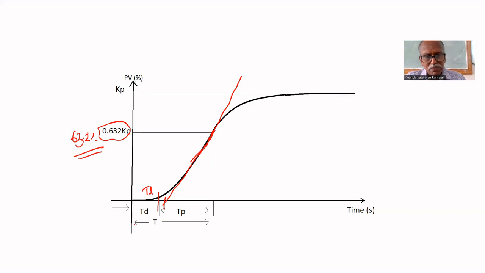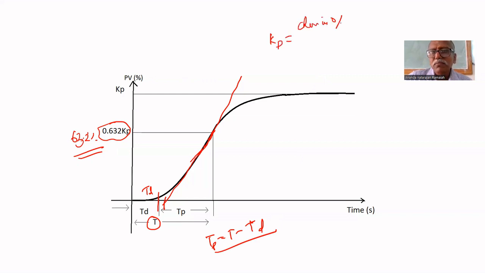This dead time plus time constant is T. So if you know the dead time, you can find Tp: Tp equal to T minus Td. Kp equal to what? Kp equal to change in output by change in input. Here, we are doing it from 0, so there is no nominal operating point.